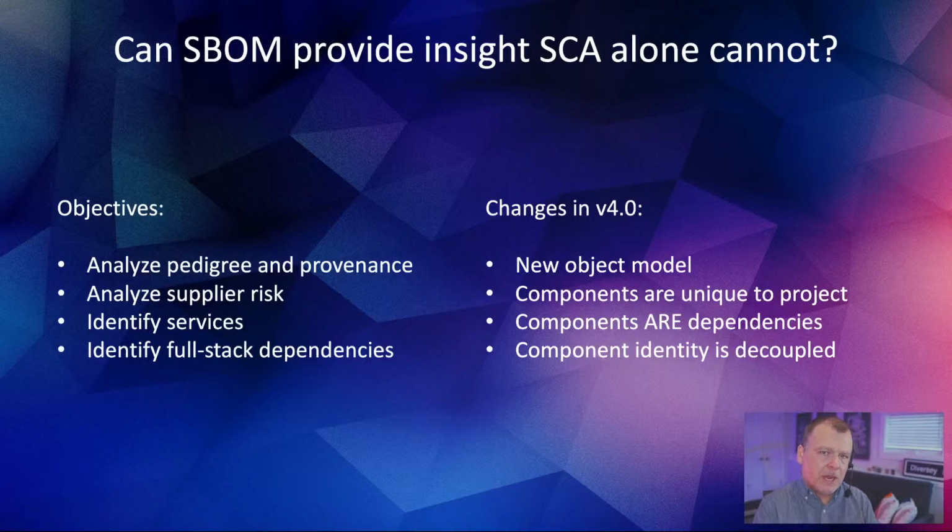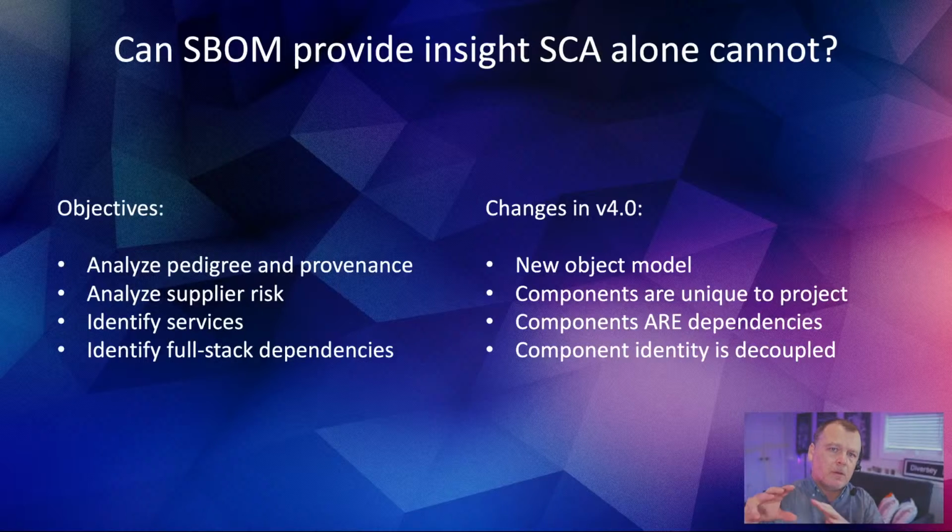Some of the changes in 4.0 that are setting us up to achieve these objectives in a future version: one, we have a new object model. In 3.x, we had projects, then components, and then dependencies that tied the two together. That is thrown out. In 4.0, every component is, by definition, a dependency of that project.